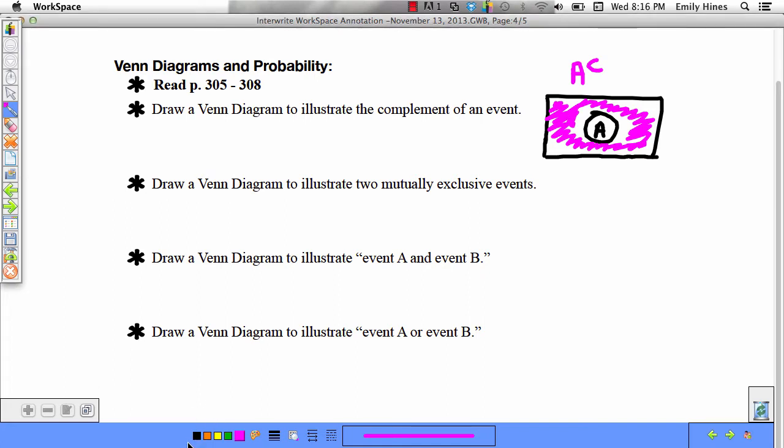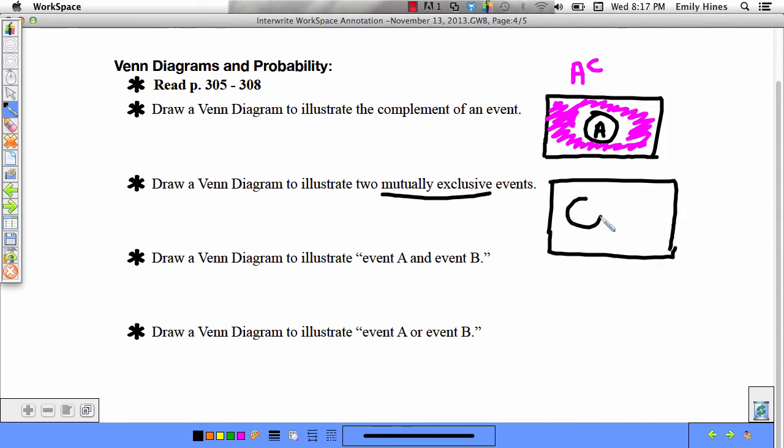Okay, if I'm talking about two mutually exclusive events, meaning mutually exclusive means that they cannot happen at the same time. So if I have event A and I have event B and they're mutually exclusive, they don't have any overlap at all because they are mutually exclusive. They cannot happen at the same time.